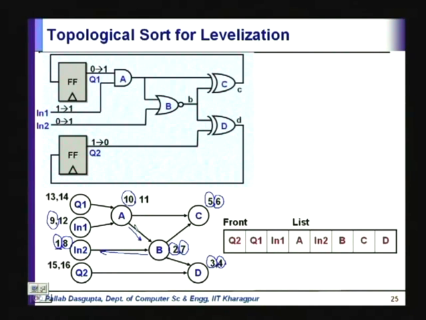So, no need to visit B again. When we go to C, we find that C is also visited, no need to go to C again. So, we have already covered both outgoing edges from A. So, we give it the exit level 11 and backtrack back to IN1.